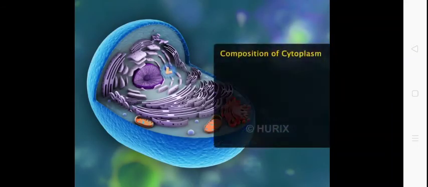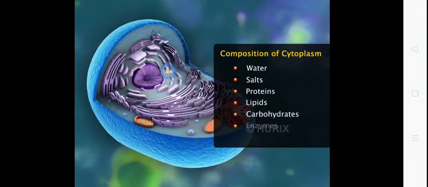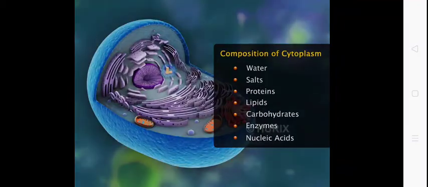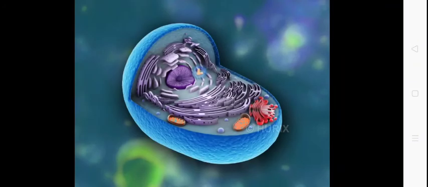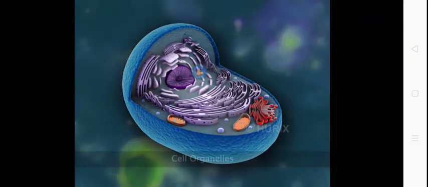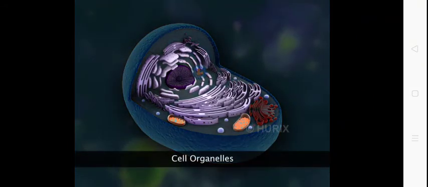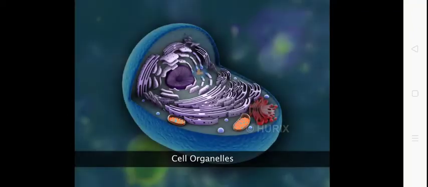Cytoplasm contains inorganic molecules such as water and salts, and organic molecules such as proteins, lipids, carbohydrates, enzymes, and nucleic acids. Cytoplasm also contains cell organelles that are sites for specialized cell functions.